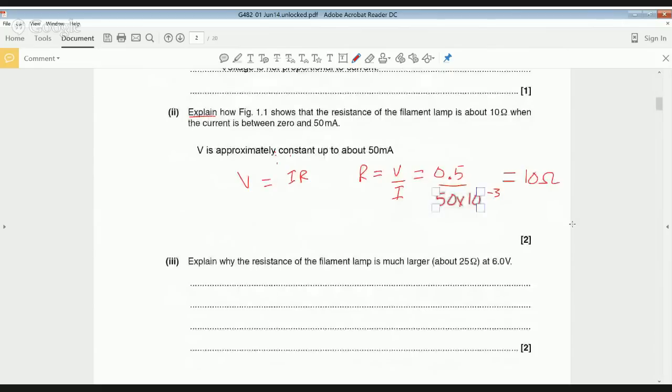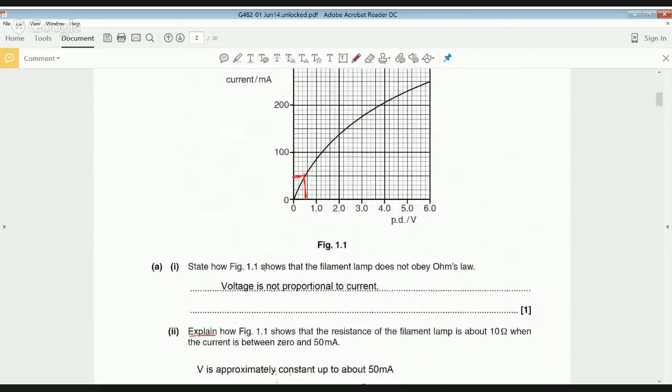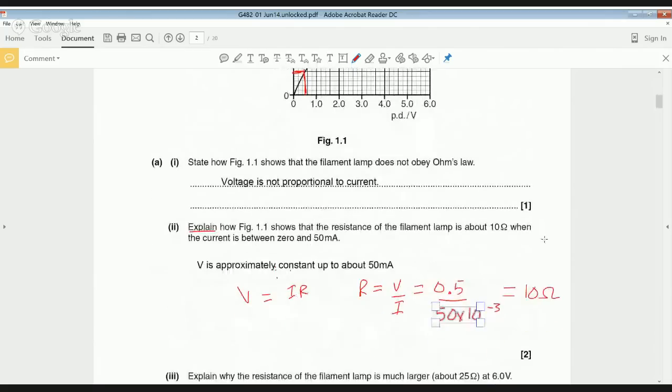Explain why the resistance of the filament lamp is much larger, about 25 ohms at 6 volts. You can see if we look at the graph, it's flattening off. That means that for an increasing voltage, we're not getting as much of an increase in current, and that's due to the resistance getting larger.